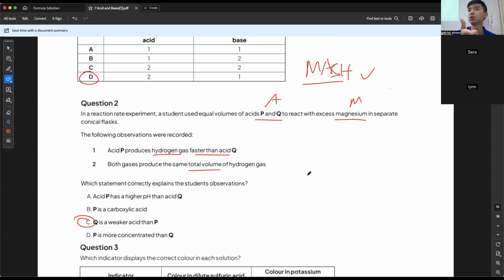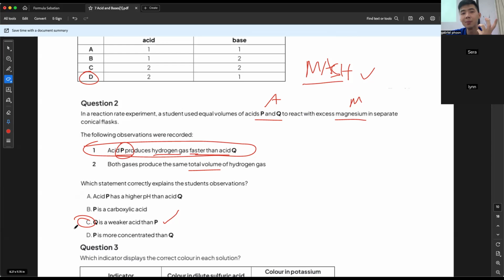Well, who asked this question? What was your answer? Okay, so if you look at this first part here, this is a relatively important hint, right? Because with this part here, I know for a fact that one is weaker than the other, because one has a faster rate of reaction. So since P was faster than Q, I would assume that P was the stronger acid, which is in line with this.